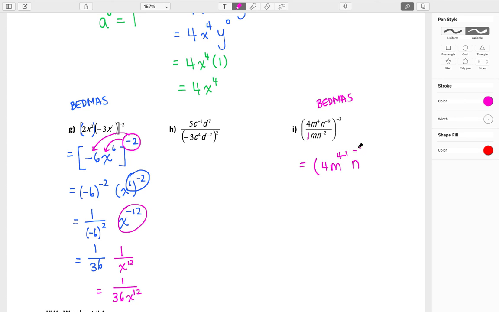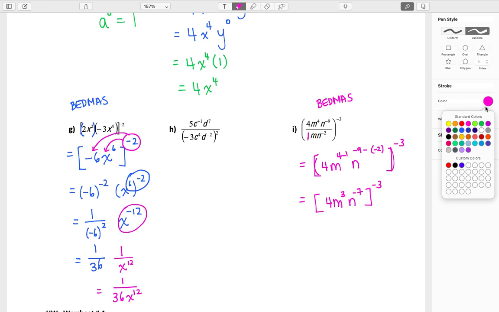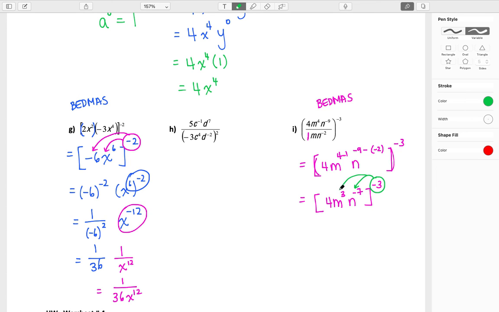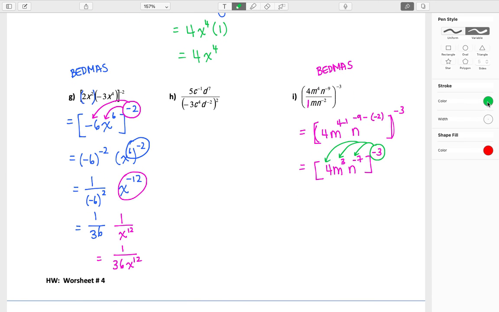For n, it's negative 9 minus negative 2, and then the power of negative 3. So let's simplify: 4m to the 3, and for n, negative 9 plus a double negative becomes negative 7, all to the negative 3. Then I'm going to apply this exponent to the n, to the m, and to the 4.